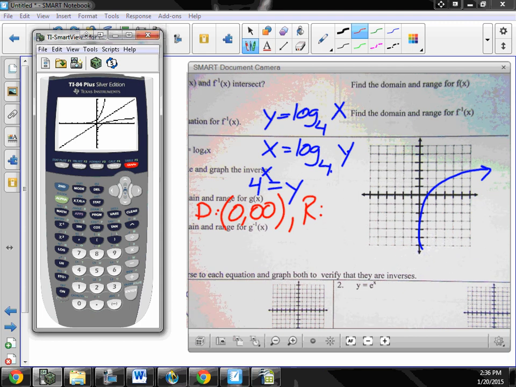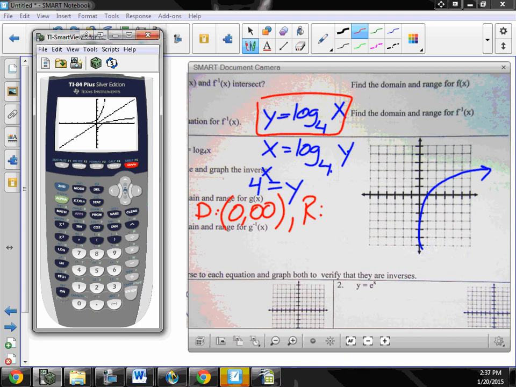So negative infinity to, it's actually going to go all the way to infinity. It's not going to get there very quickly, but it will eventually get there. And the way that you can tell, if we look at this and say, well, it's leveling off, is it ever actually going to reach infinity? If we look at log base 4 of x, would that ever equal, say, 1,000,000? 4 to what power is 1,000,000?